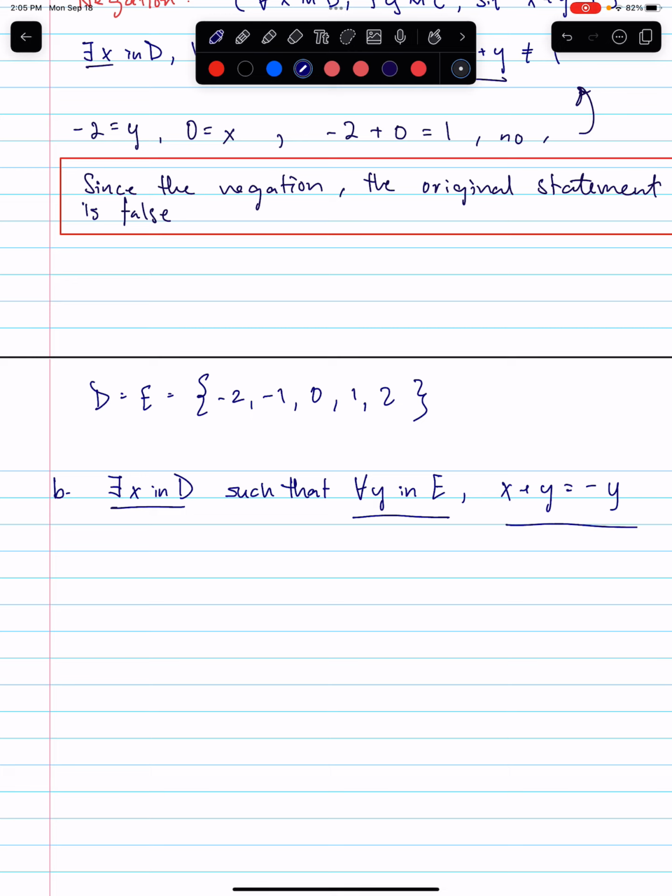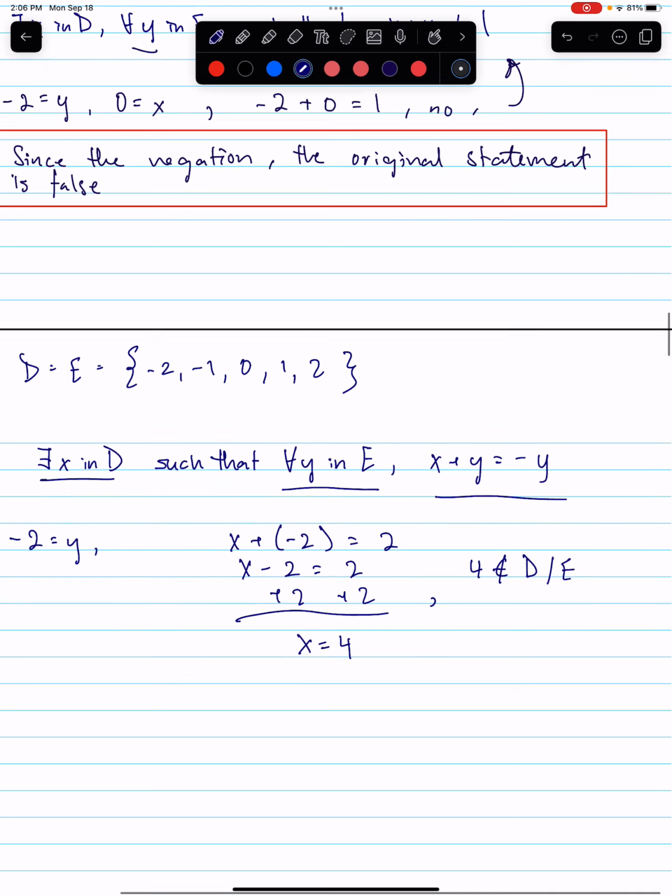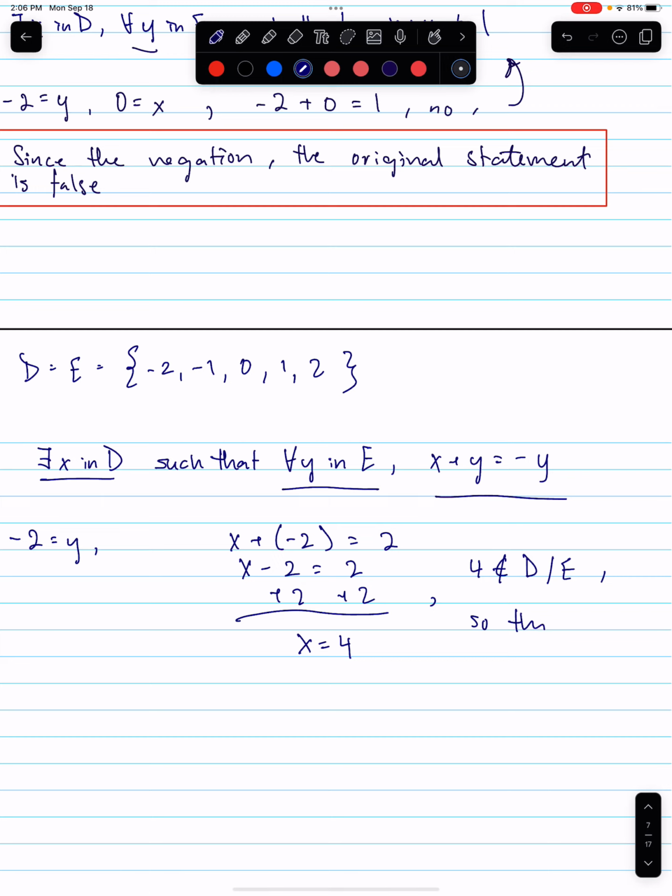So let's try this again, right? Let's say negative 2 equals y for now. Well, first let's see if this is even possible. So x plus negative 2 equals 2, right? So now this means x minus 2 equals 2, so x plus 2 equals 2 plus 2. x would need to be 4 for this statement to be true. There is no 4. 4 is not an element of D or E, right? So this is false.